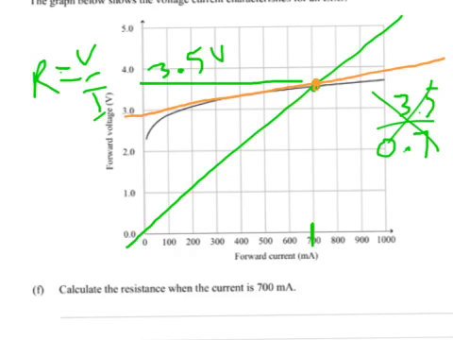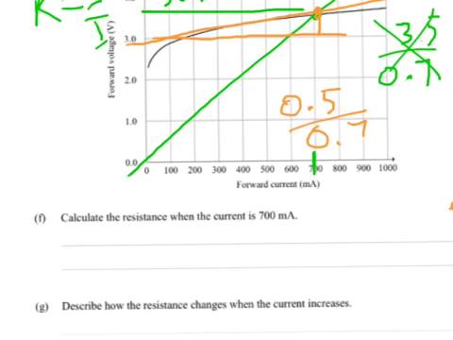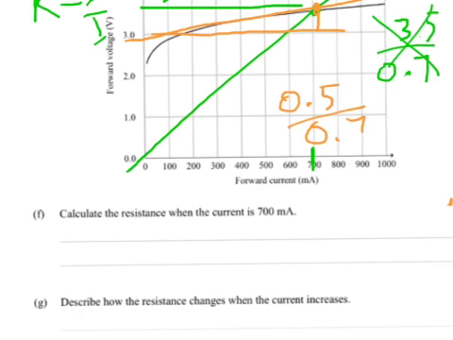So if I've drawn this roughly, say that's our triangle, the rise is from 3 to 3.5, so 0.5, divided by the run of 0 up to 700 milliamps, which is 0.7 amps. Because remember, SI units, volts over amps, not volts over milliamps, won't work. And 0.5 over 0.7 is approximately 0.8 ohm. It's very low. It's below 1 anyway. You can put that in your calculator and find it out.